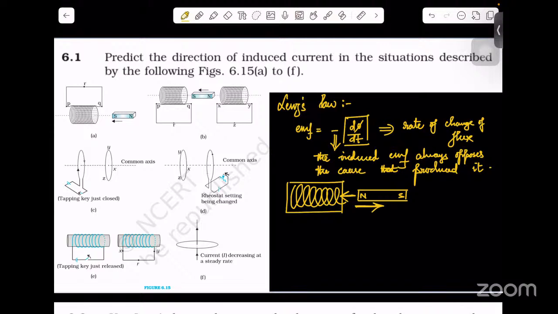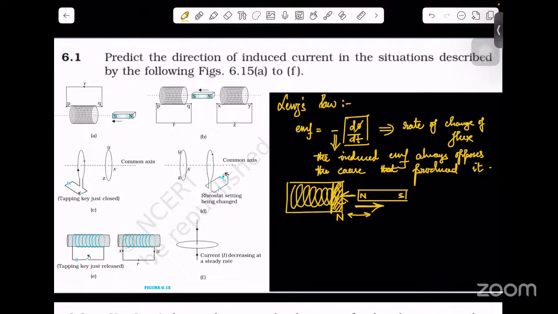In other words, the face of the coil facing the magnet will also start behaving as the north pole. In that way, like poles will repel each other, right? So again, we need to know in what direction the current flows for the coil to act as the north pole.